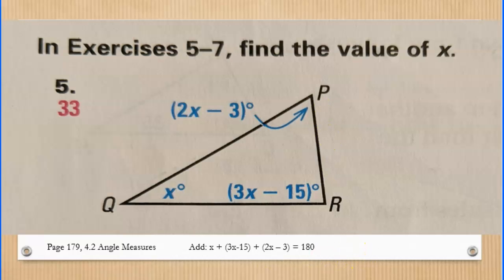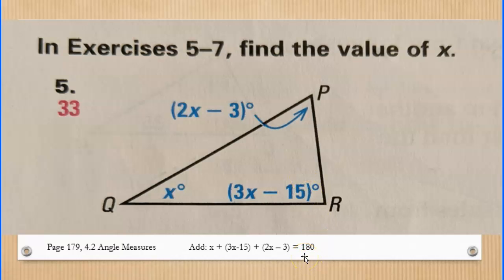So we merely just have to put them all together: x plus 3x minus 15 plus 2x minus 3, all 3 angles put together equals 180 degrees.